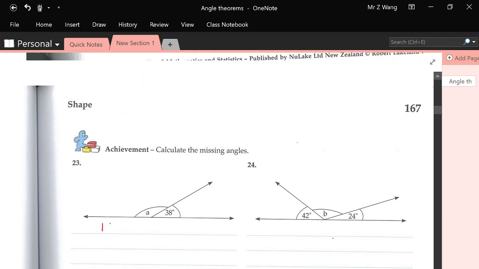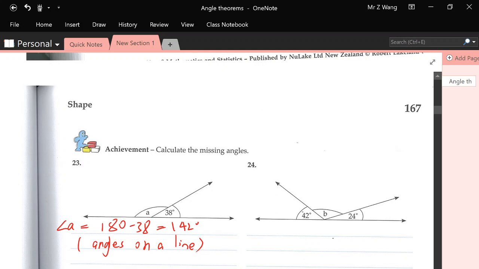So this is 180 minus 38, which is 142 degrees. So angle A equals 142, and you must also state the reason in brackets: angles on a line. That's enough, right?